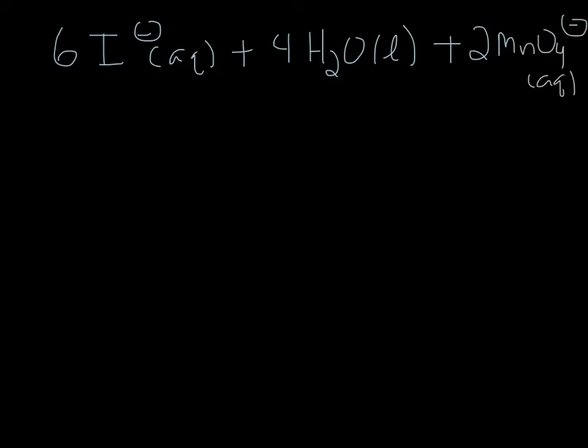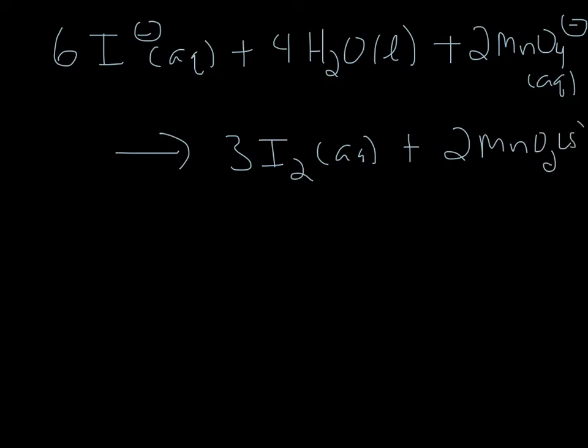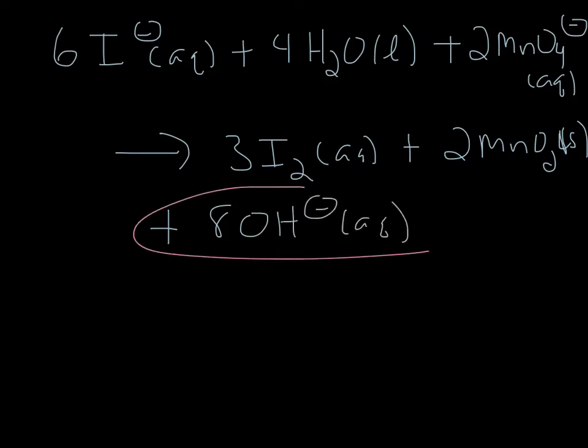I'm going to squeeze my aqueous in down here, and that goes to 3 I2 aqueous plus 2 MnO2 solid plus 8 OH minus aqueous. So now I am in basic conditions here, and for my check I've got iodine, hydrogen, oxygen, and manganese on each side.